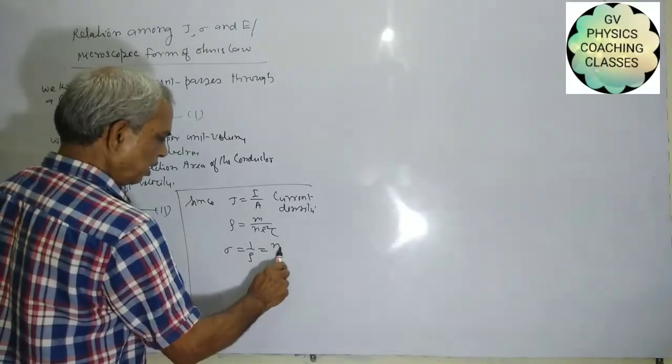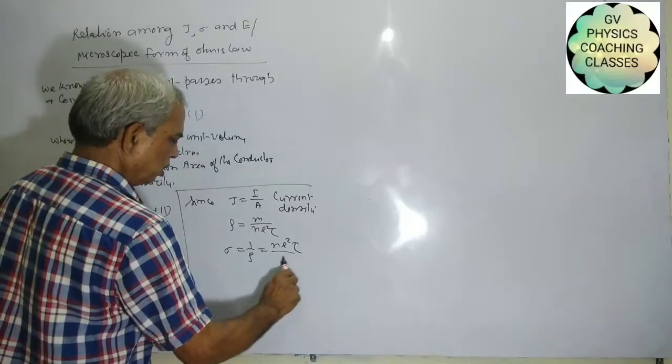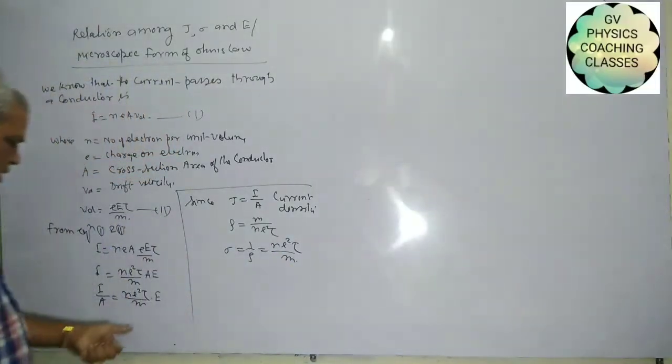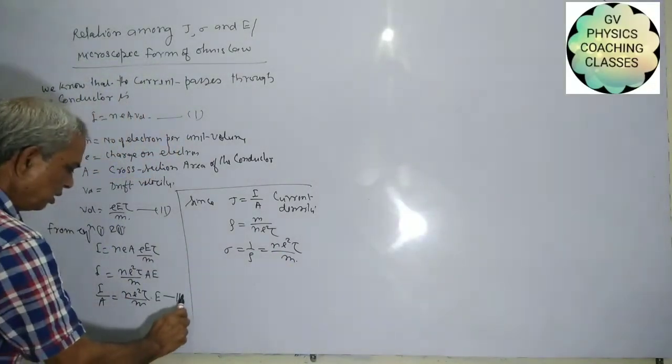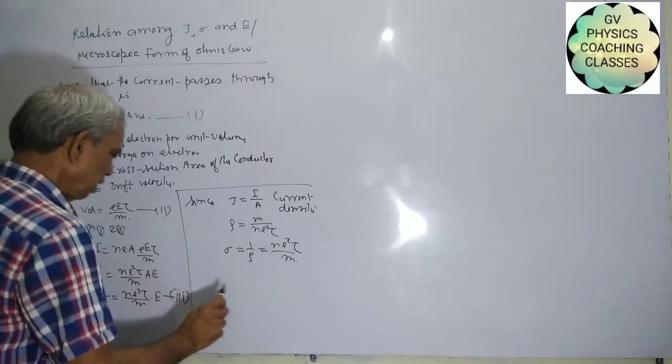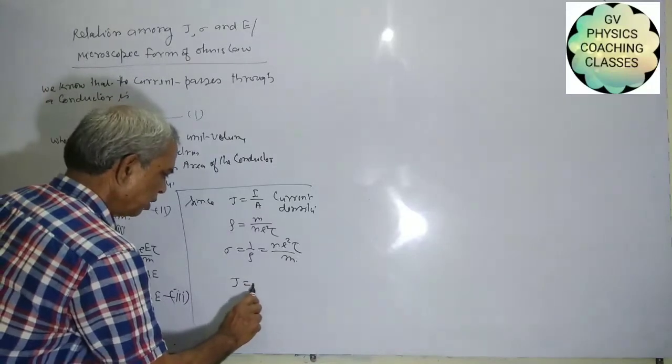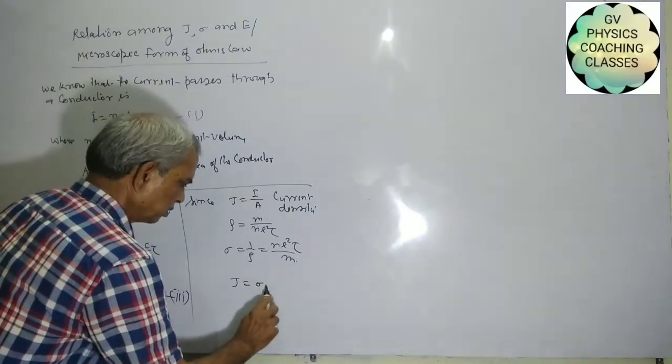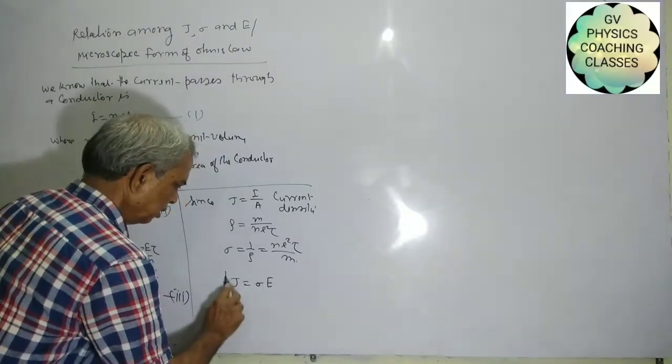It means sigma is n e square tau upon m. So this becomes J, this becomes sigma. Hence, J equal to sigma E.